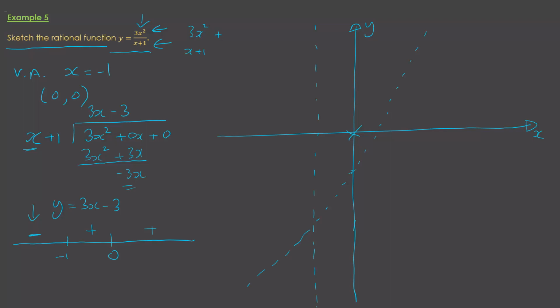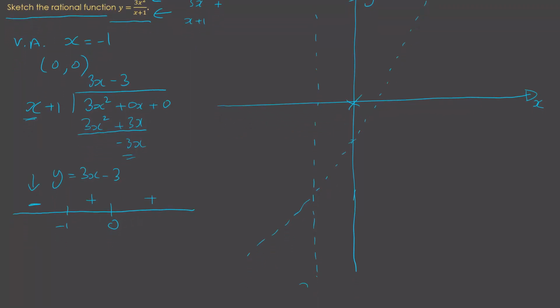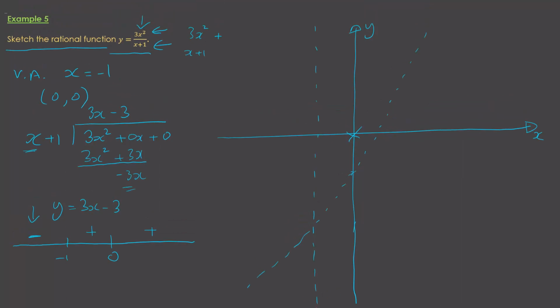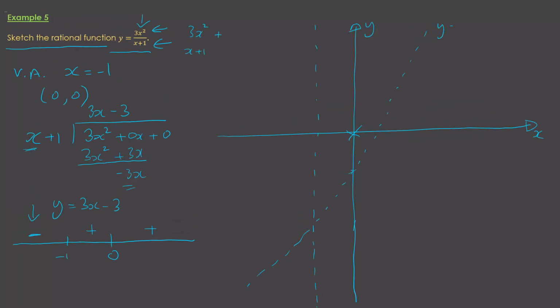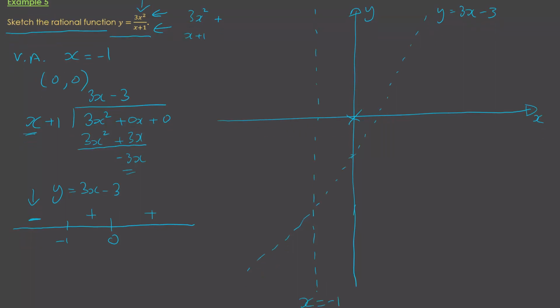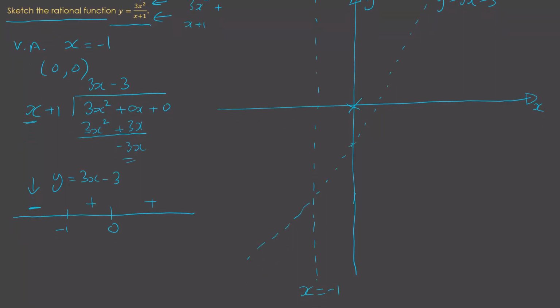So something like that. Let's just label this as x is negative 1. And let's label this as 3x take away 3. And let's just straighten it up because I've got a bit of a curve going there.